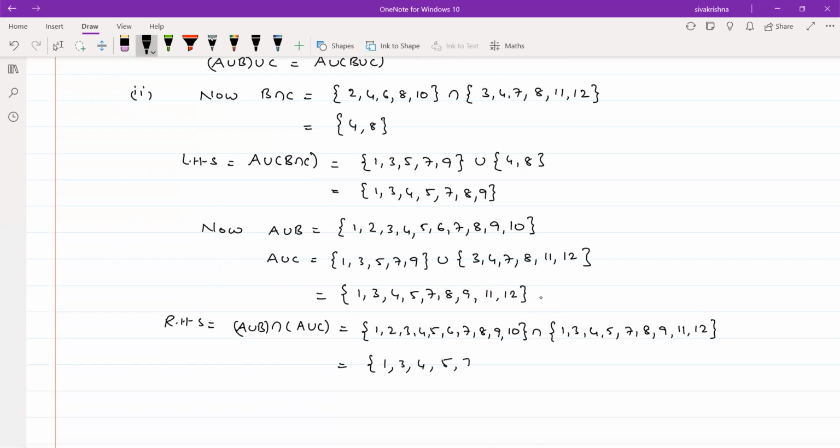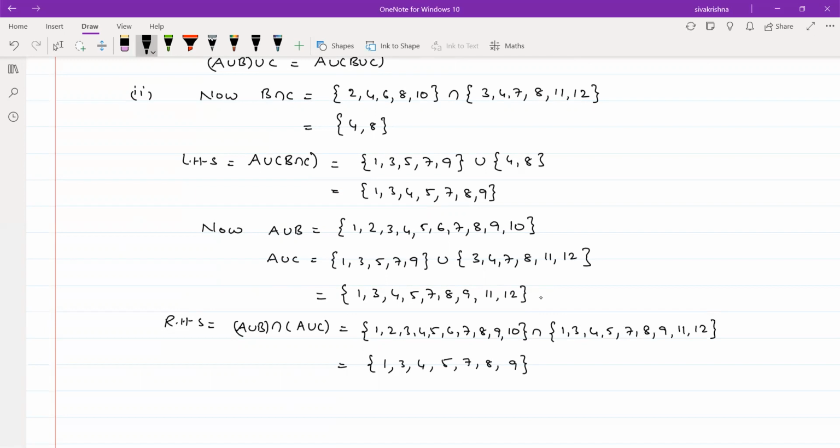After that we have 7, and after that we have 8. After that we have 9, and the remaining elements are not common in both the sets. So the common elements are 1, 3, 4, 5, 7, 8 and 9. This is the value of RHS.